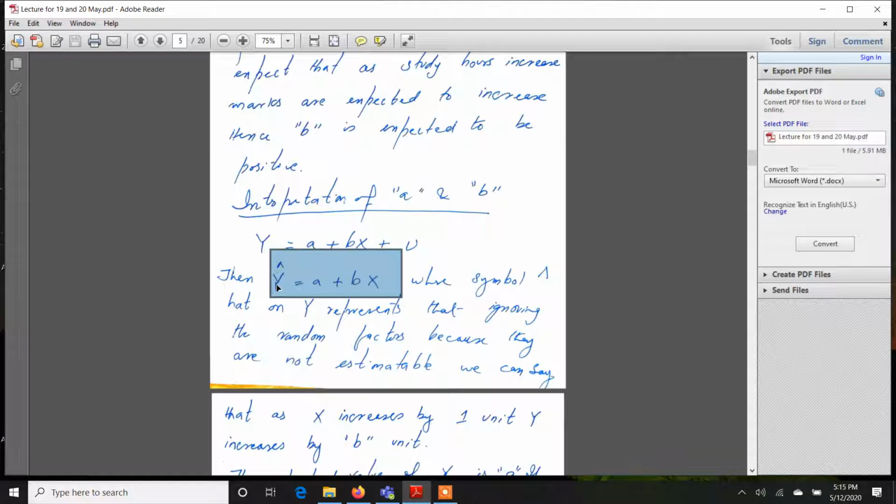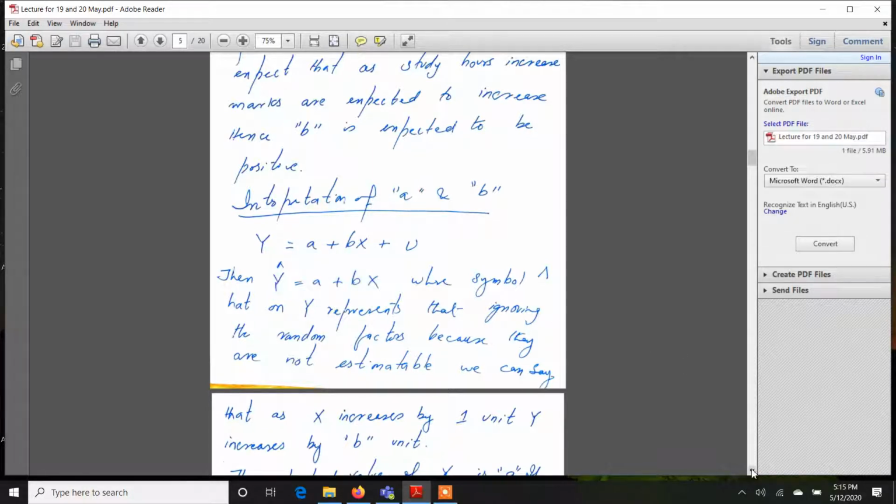You know that the random factors are there, but you cannot directly observe them because their occurrence is not predictable. So you don't have readily available data on the random factors. If I, for the time being, ignore the random error part, I can write this as y hat is equal to this.